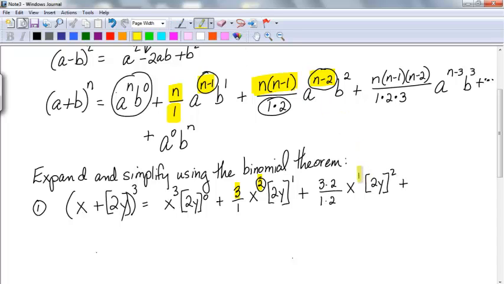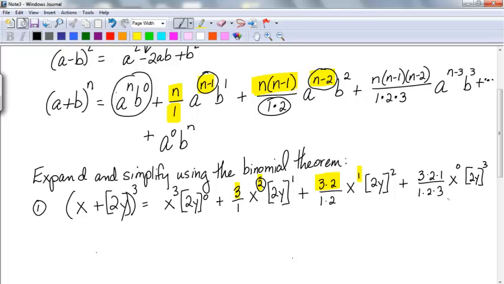Then you take this exponent times the coefficient in front on the numerator, 3 times 2 times 1, over 1 times 2 times 3, x to the 0, and 2y to the third.